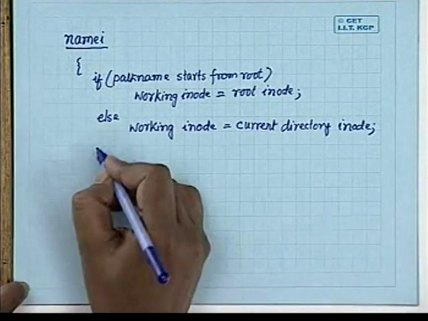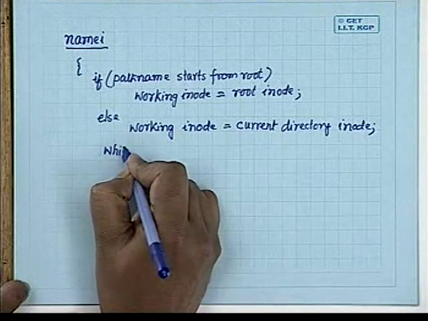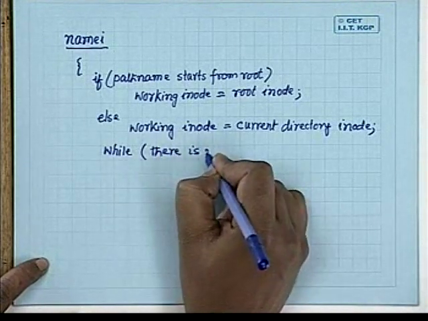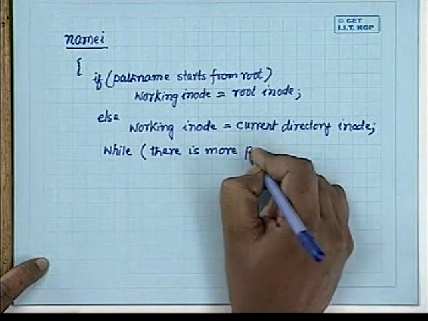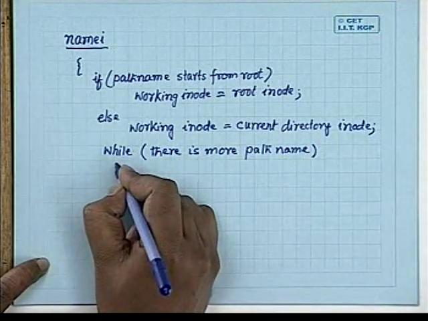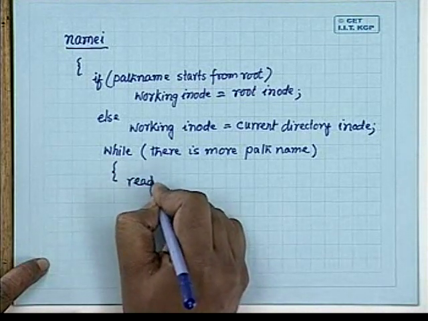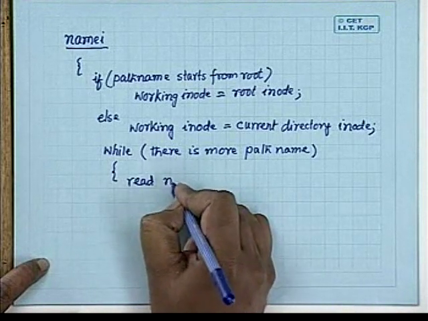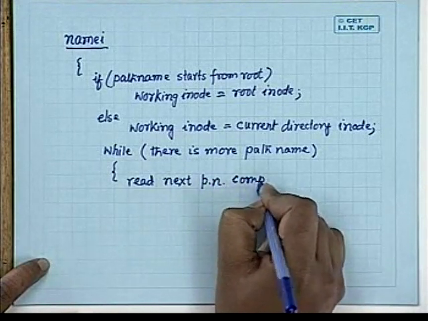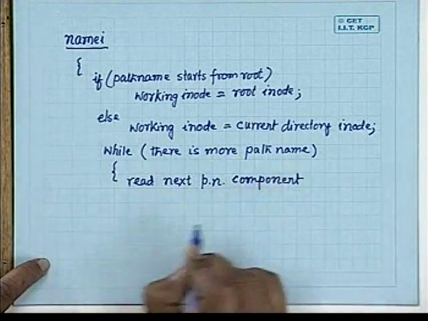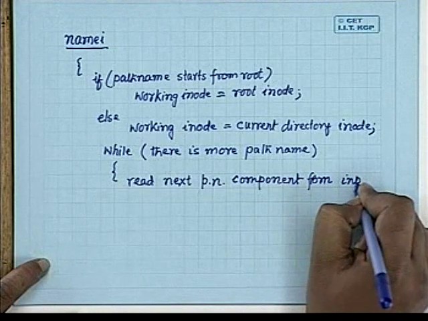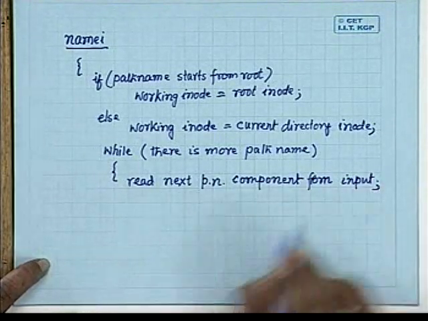And after that, the algorithm will look like this: while there is more path name, read the next path name component from the input.